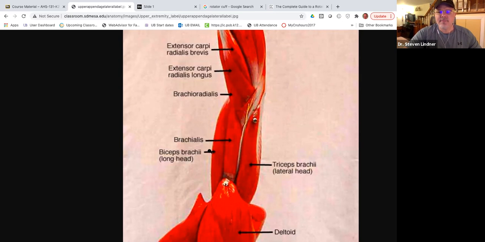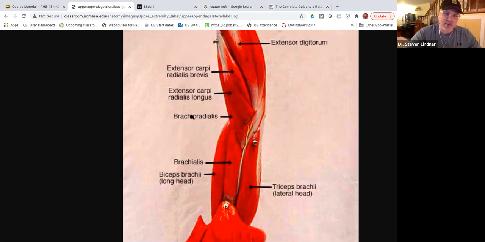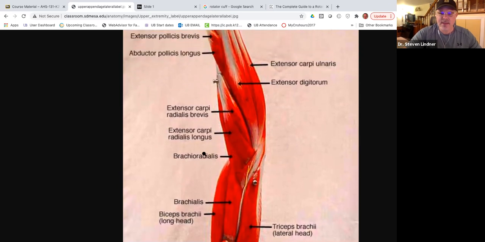Okay, so you have biceps brachii and brachialis. Those are big muscles, they're in the arm. And there's one other muscle that's an elbow flexor, but it starts more at the distal end of the humerus, and that's called the brachioradialis. It originates near that lateral epicondyle of the humerus.